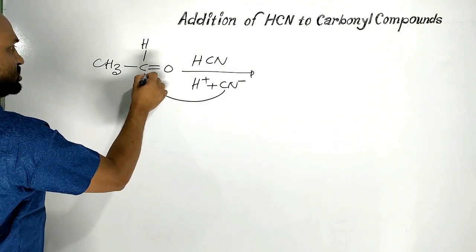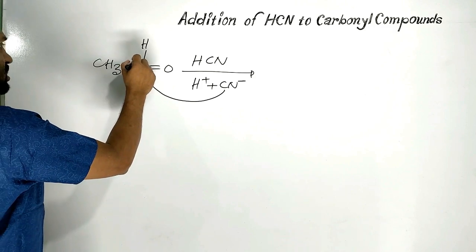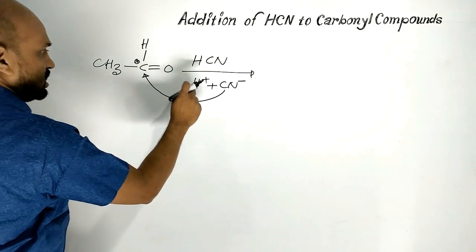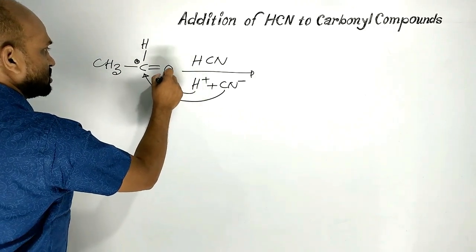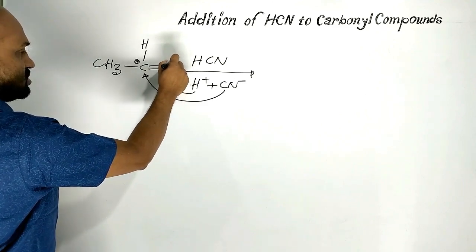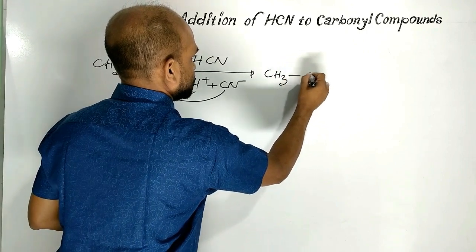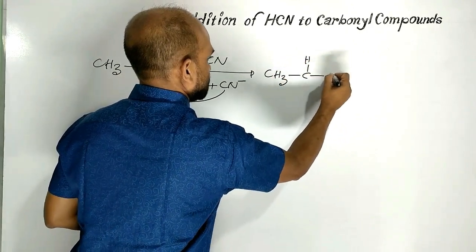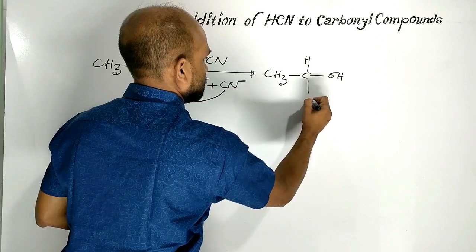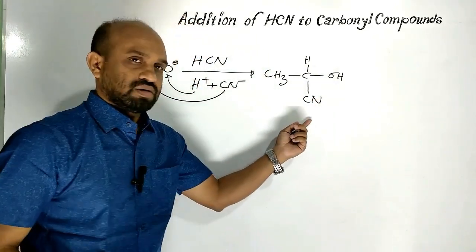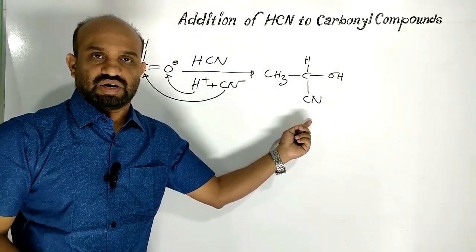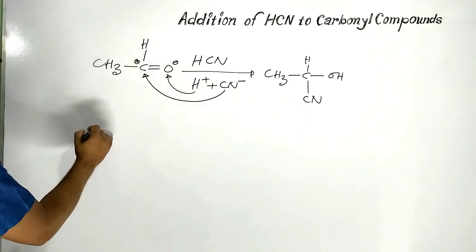Cyanide ion combines with positively charged carbon and proton combines with negatively charged oxygen. As a result, this compound is formed, ethanal cyanohydrin.